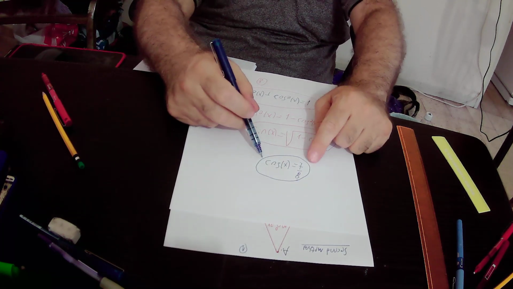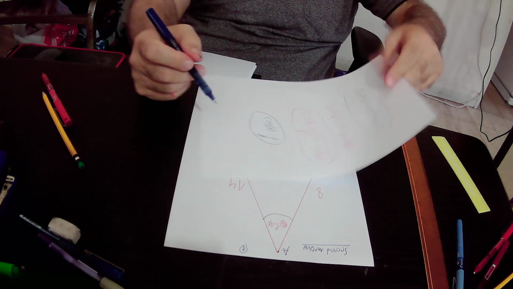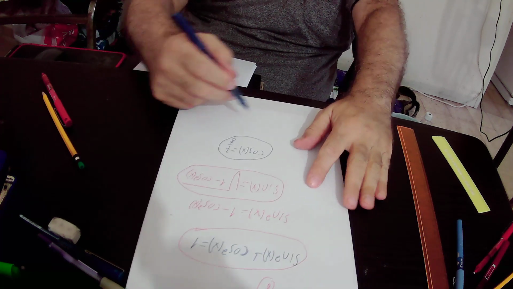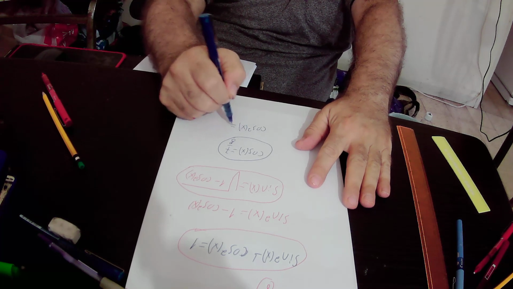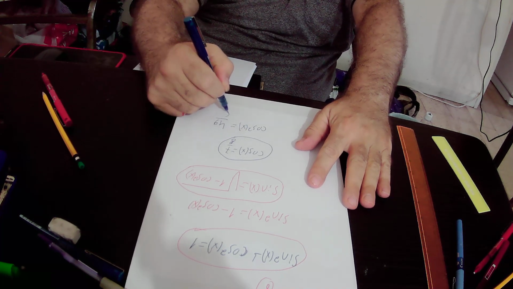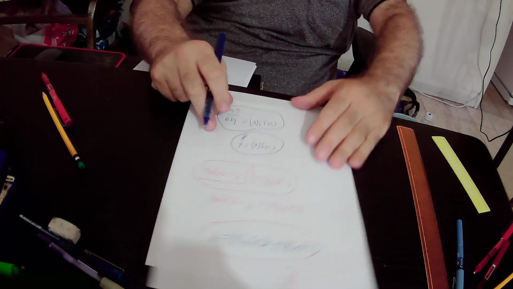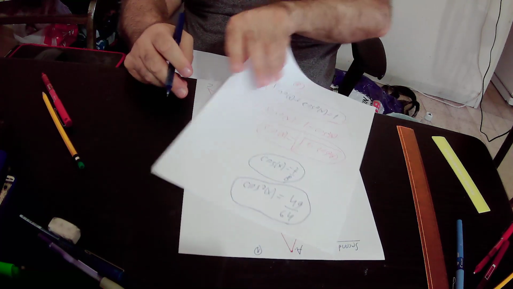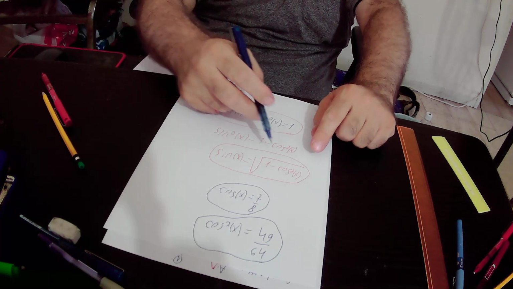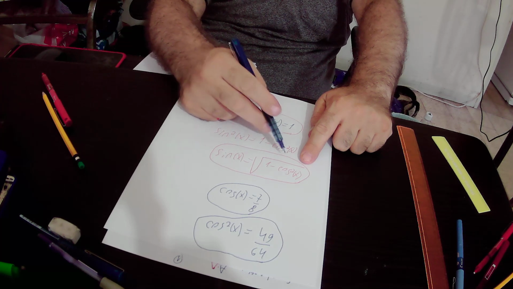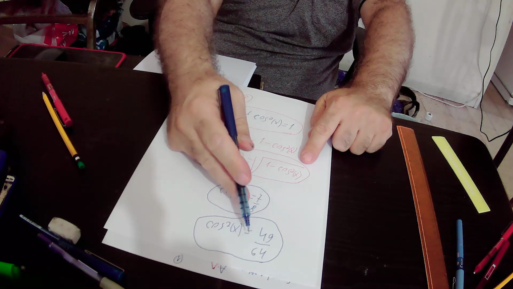So we can square this equality in order to find out the value of cosine square x. We will square it and we will get that cosine square x equals 49 over 64. So we can substitute cosine square x in this equality by 49 over 64.